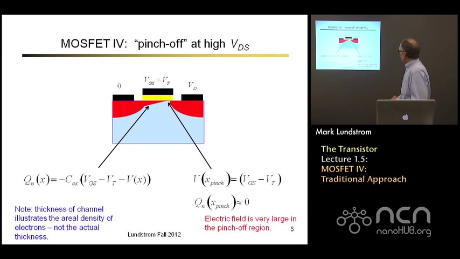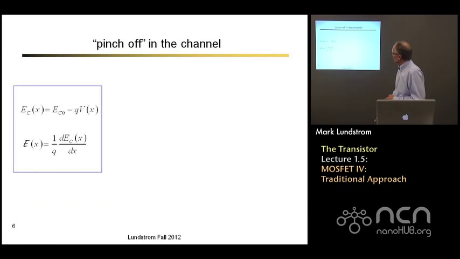Okay, so let's take that basic picture and see if we can understand how this transistor operates. Let me first mention quickly what pinch-off is, because this tends to confuse people when they see it the first time.